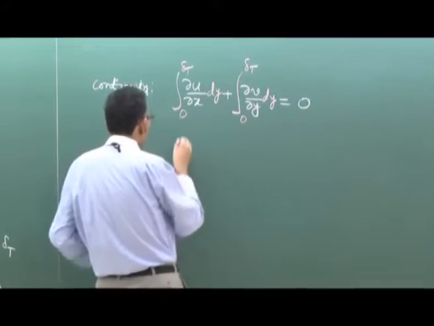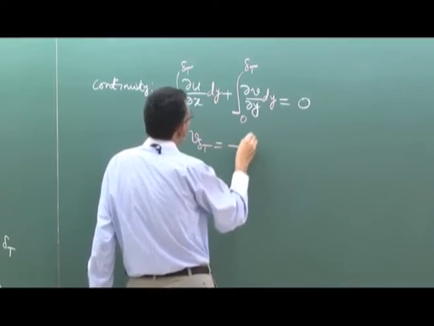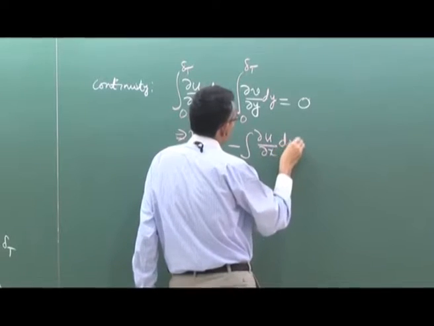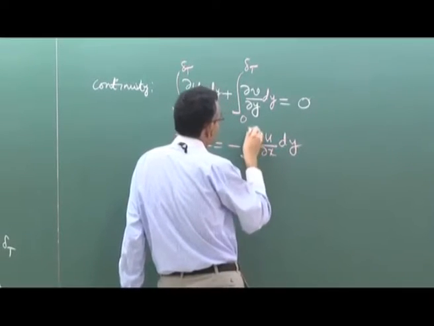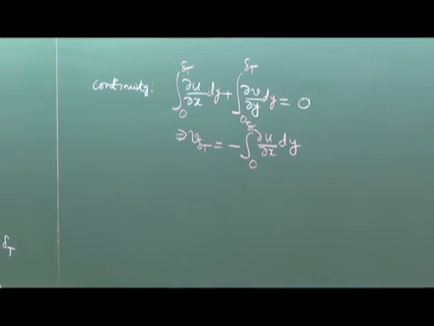So from here we get v at delta t is equal to minus the integral of del u del x. What is T at delta t? This is practically T infinity.